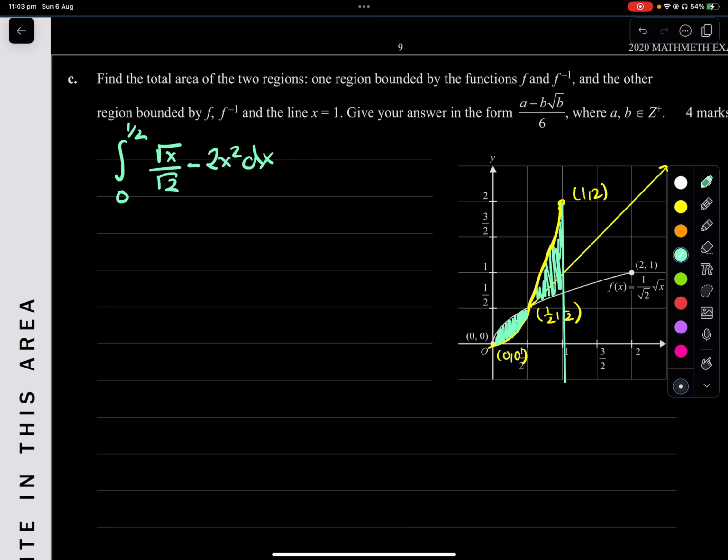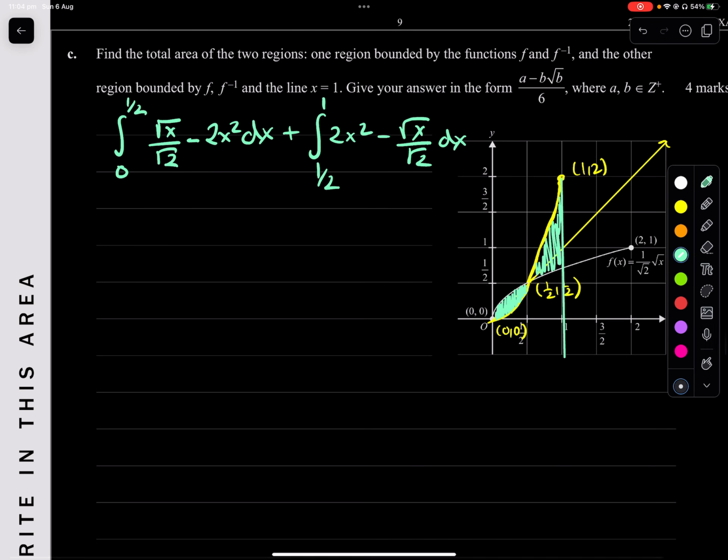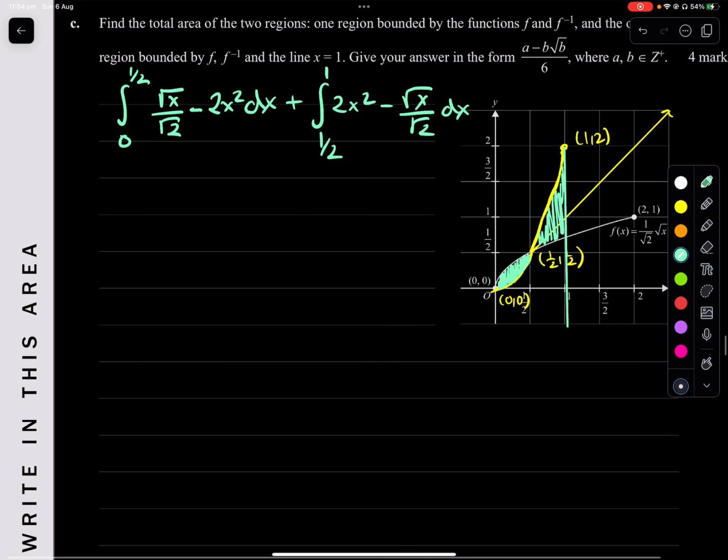And the other one is plus, from half to 1, 2x squared minus root x over root 2, dx.